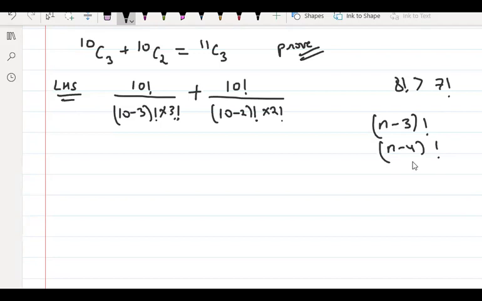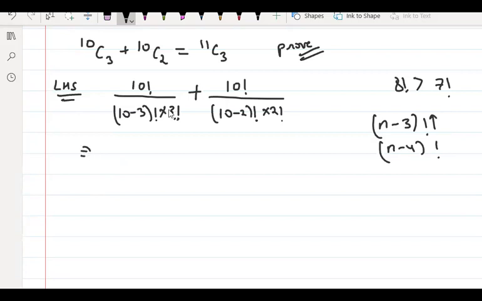This has nothing to do with this problem, I'm just asking you. N minus 3 factorial is bigger, right? Very good. So all of you understood the concept of factorial.